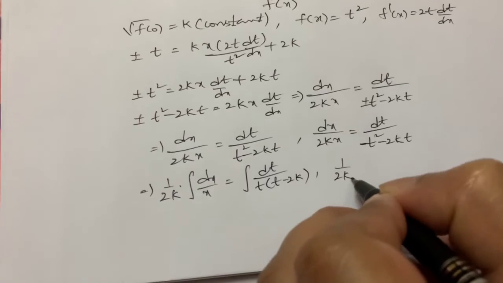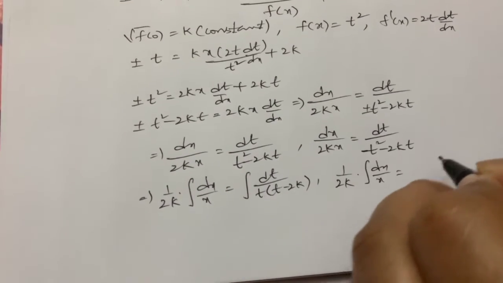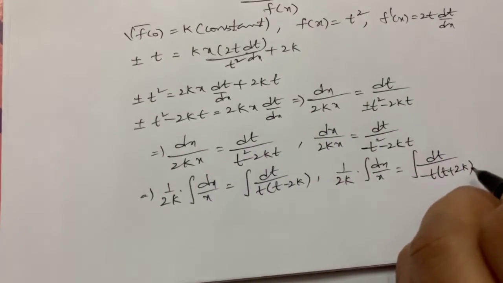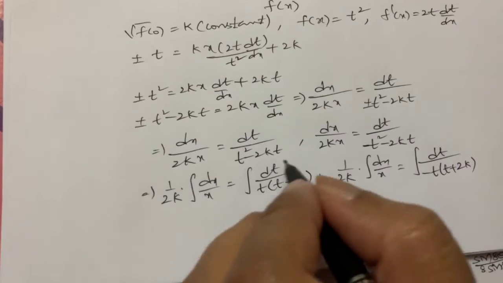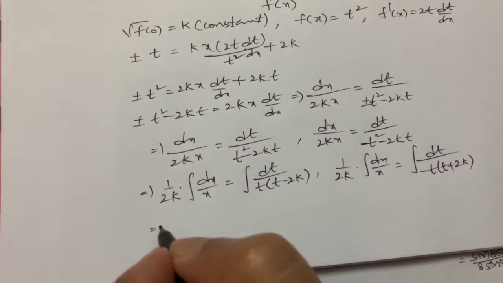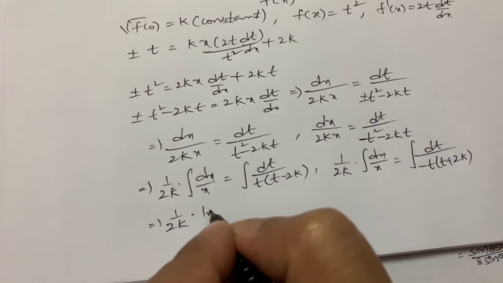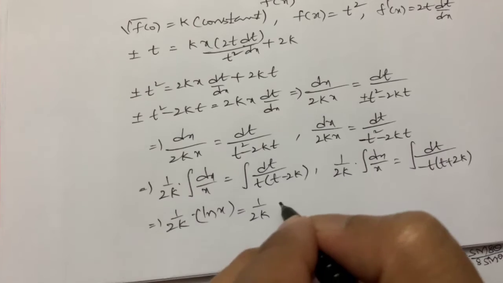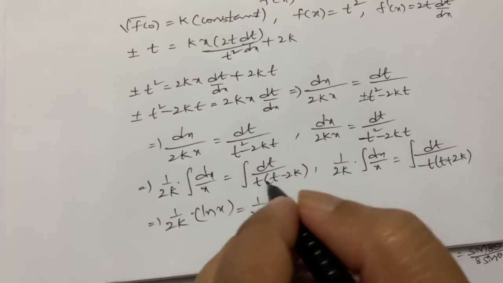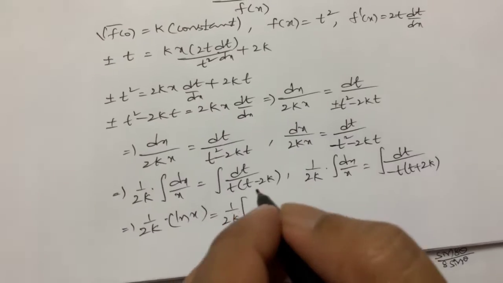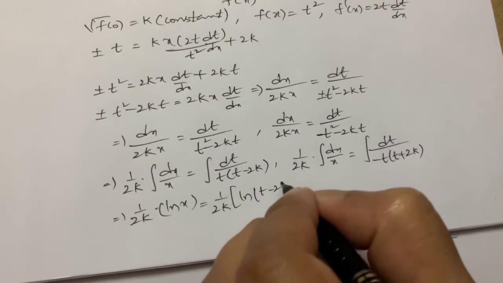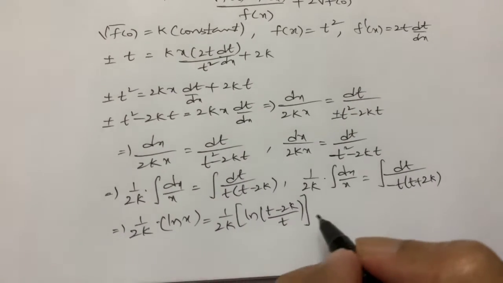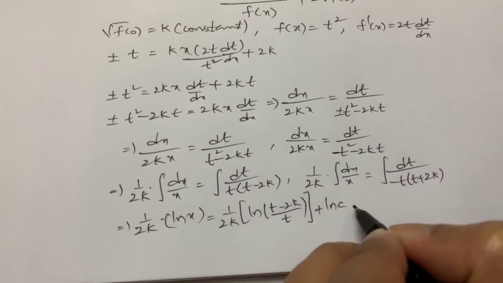So the other is 1/2k ∫ dx/x = ∫ dt/(−t(t + 2k)). This we can solve by partial fractions, and this is 1/2k ln x = 1/2k ln((t − 2k)/t) + constant, so we will write ln c.